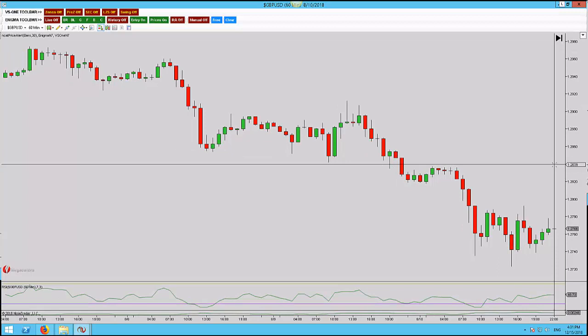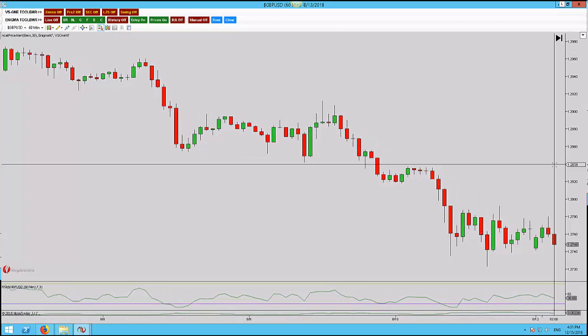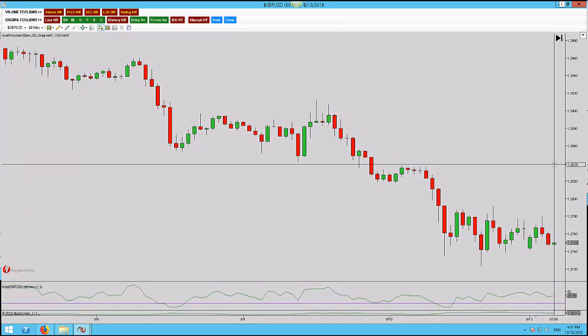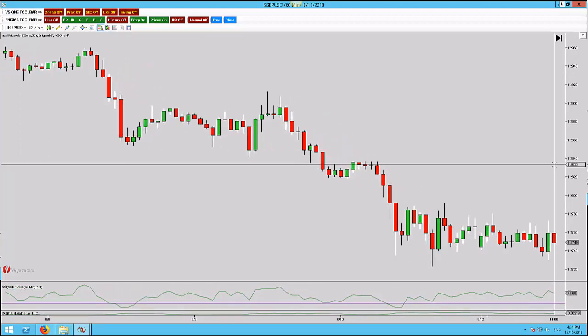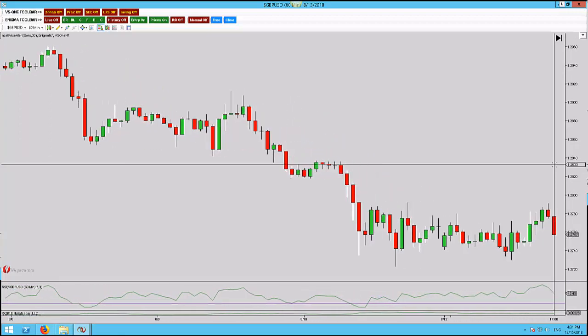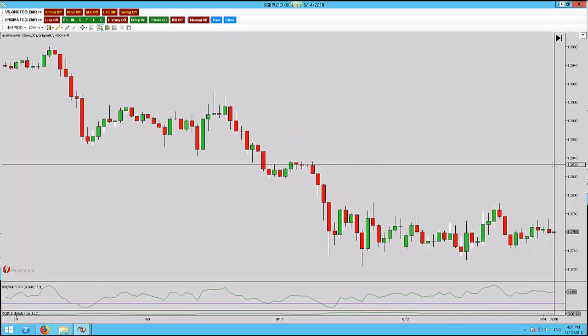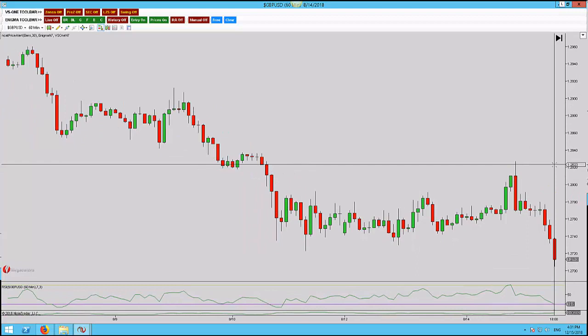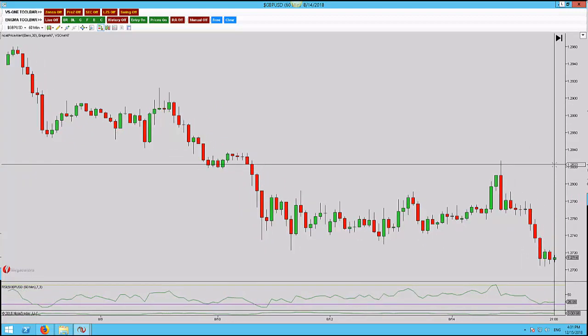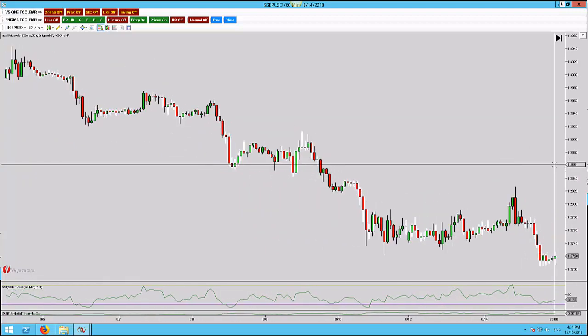Okay, we have now put in a new low on the daily time frame. We're consolidating on the 15 and on the 60. Yeah, just junk this, just consolidating for me. Okay, we've had another close below here.